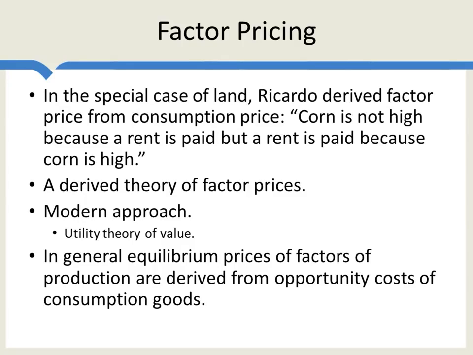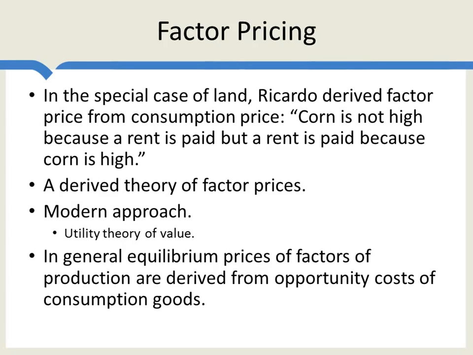So for example, if we were to move a factor of production from one part of the economy to another part of the economy, what do we lose? How much consumption do we lose? What is the value of consumption which we lose when we move a factor of production from one area of the economy to another area of the economy? That's where the prices of the factors of production come from.